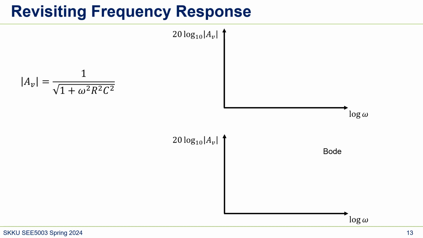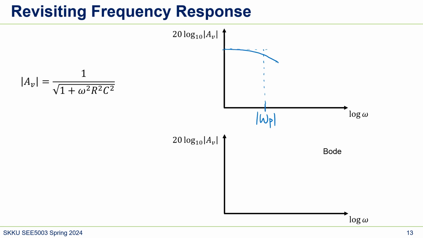Let's revisit the frequency response again. Our gain looks like this, and if we represent it with a log scale, there is an important frequency, which is the pole frequency, and our gain will keep decreasing, right?